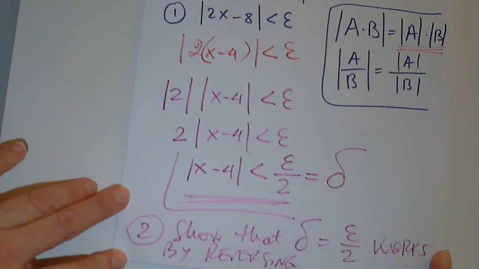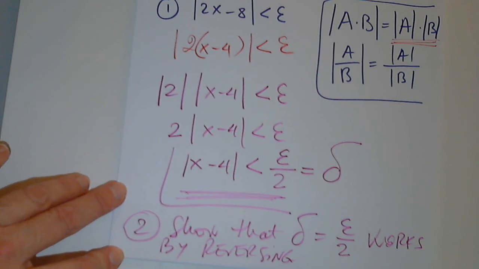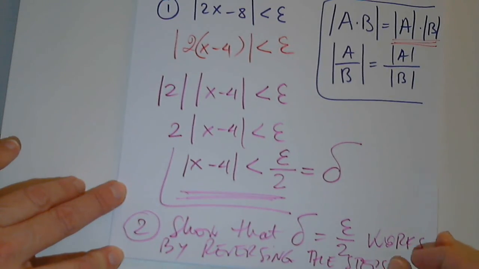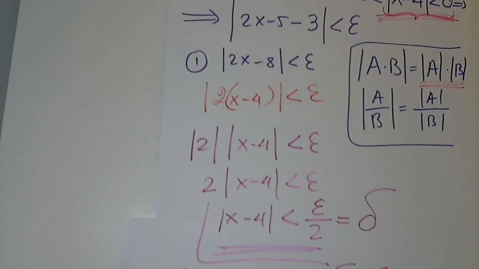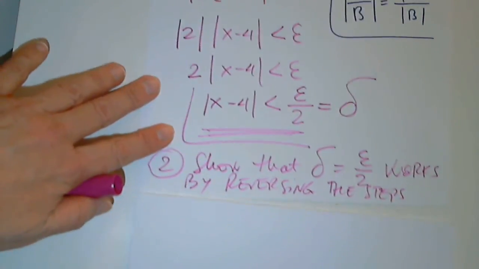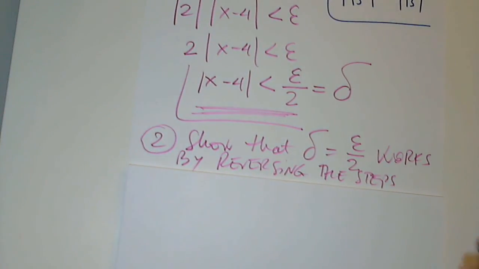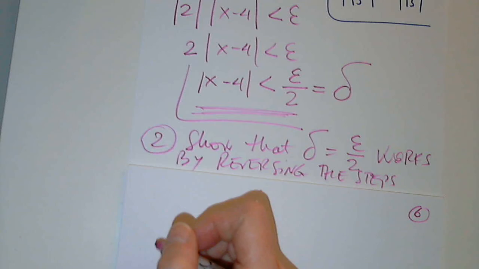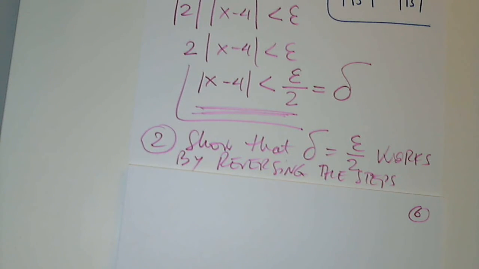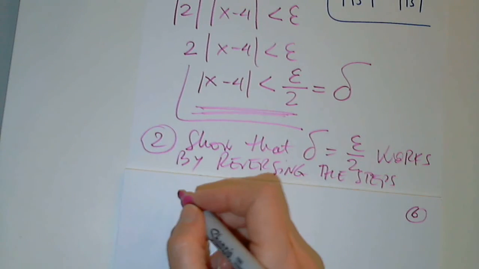That's all I want you to write. Just this sentence and not do anything else. I just want to make sure that you understand that both sides have to be shown. But you don't need to go through the steps for the second one.